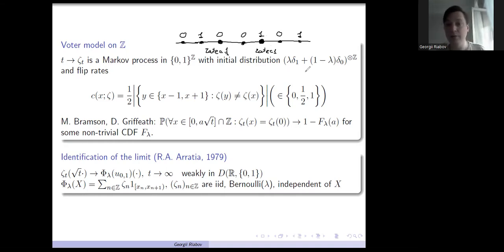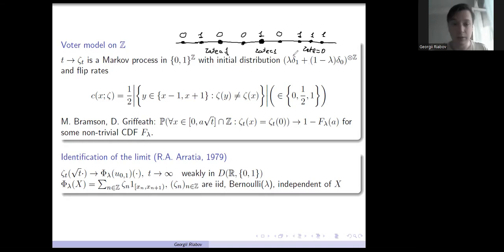If both neighbors are of the same opinion, then the flip rate is equal to 0. So this individual will not change his opinion, at least until one of his neighbors changes.